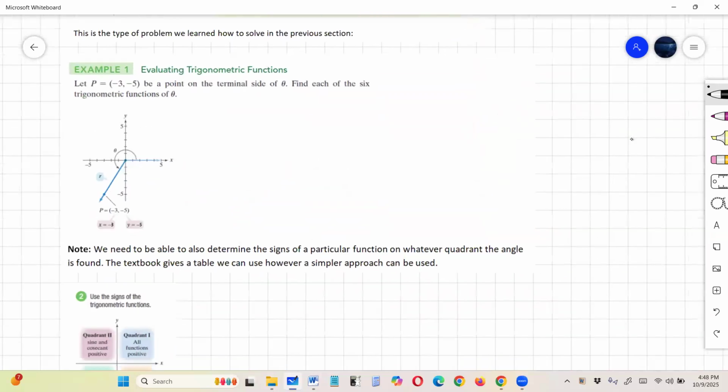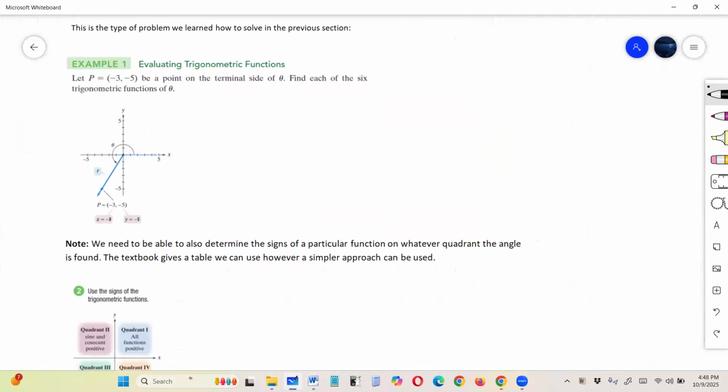Okay, so let's take a look at example 1. Same type of problem. Here's a point, and I am given the terminal side of theta, and we're supposed to find the other 6 trig functions. Okay, here's my point. This is the angle theta, and this is a radius r that is not 1.